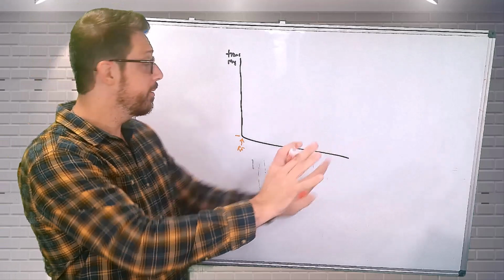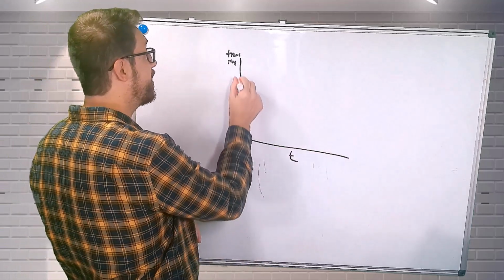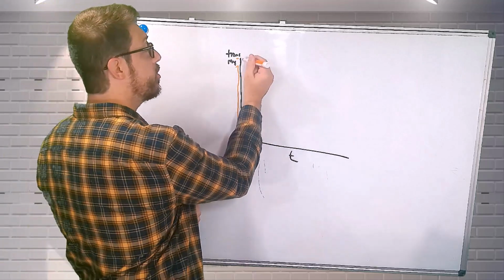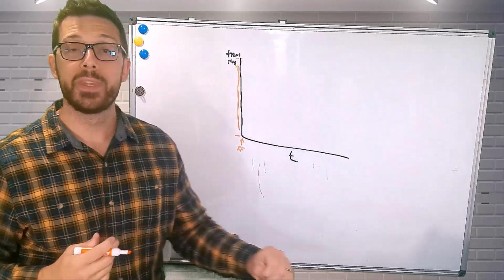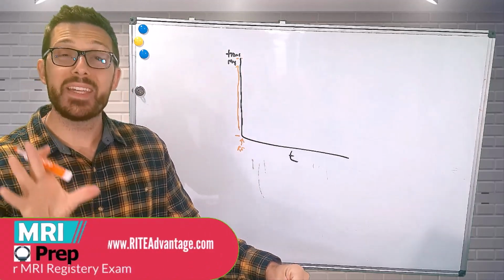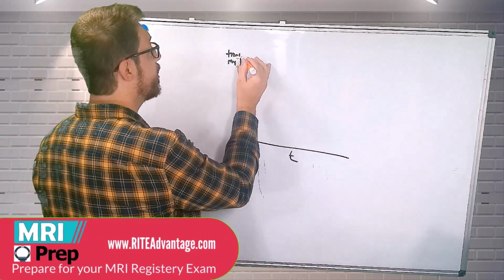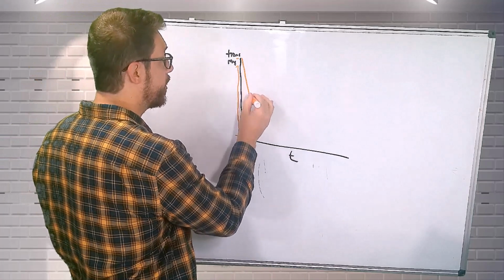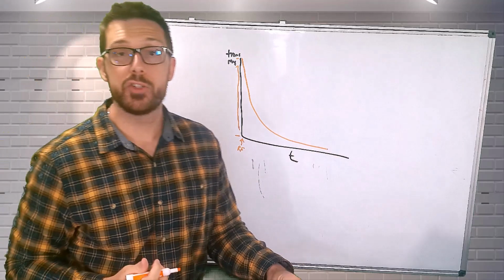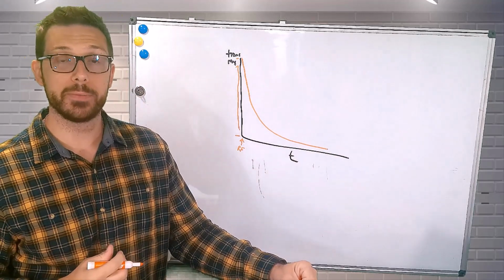Very rapidly, after we excite those hydrogen, we're going to have all this transverse magnetization in the transverse plane, and they're going to have this rapid decay of transverse magnetization after we turn off this transmitter. So we get this rapid decay of transverse magnetization after we turn off our RF transmitter.